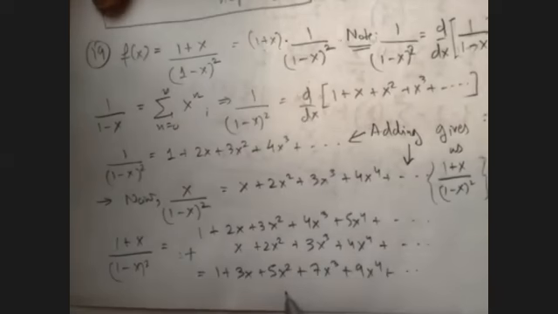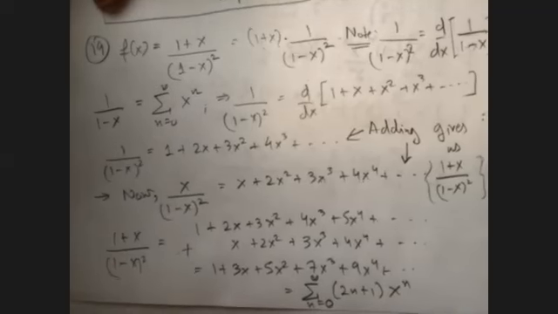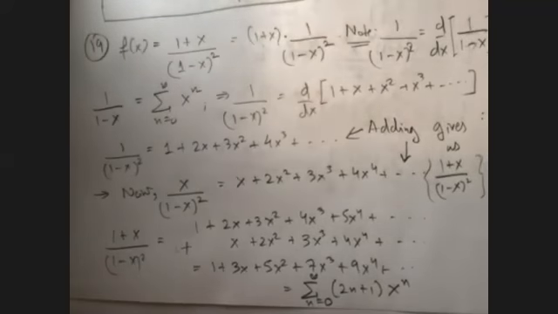So this is same as the summation of 2n plus 1 times x to the n. We start with n equals 0 because the first term is 1.